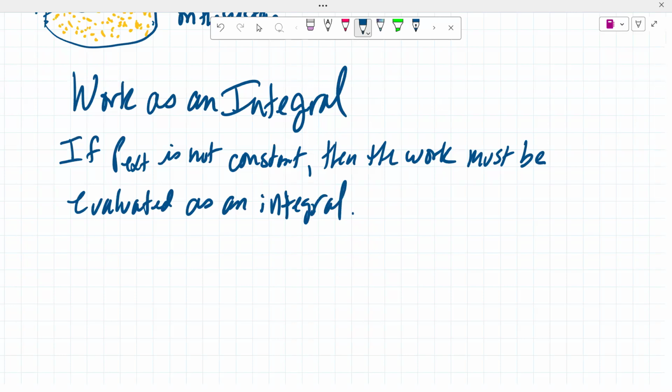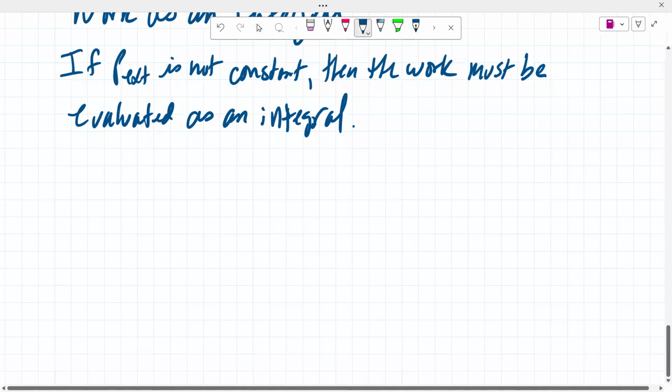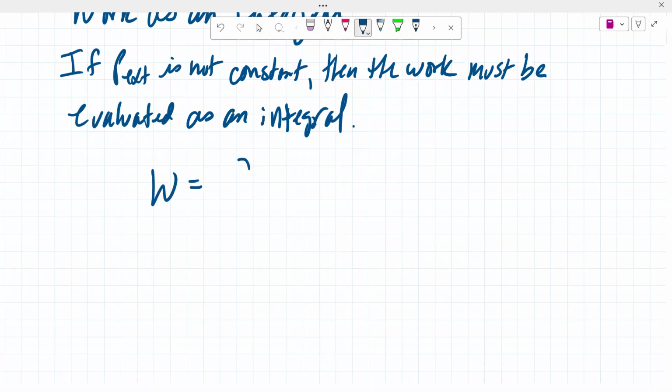Why? Well, if something's not constant, we're going to have to take the area under the curve. So it's going to be something like this: work equals the integral from V initial to V final of P external dV.